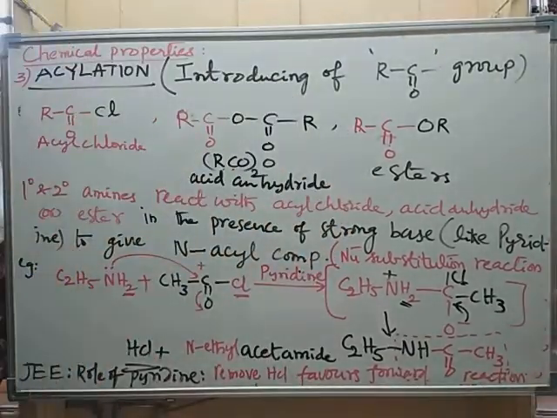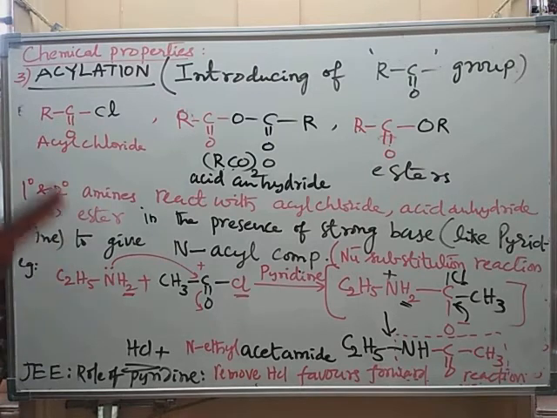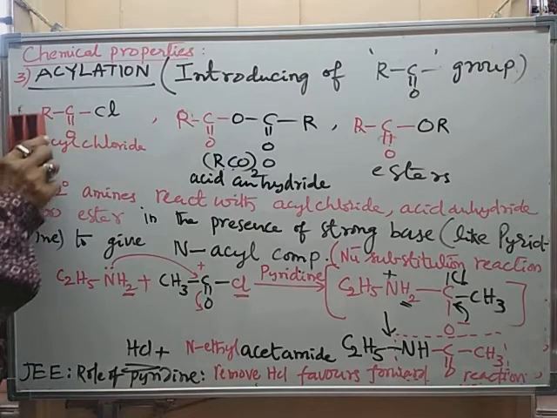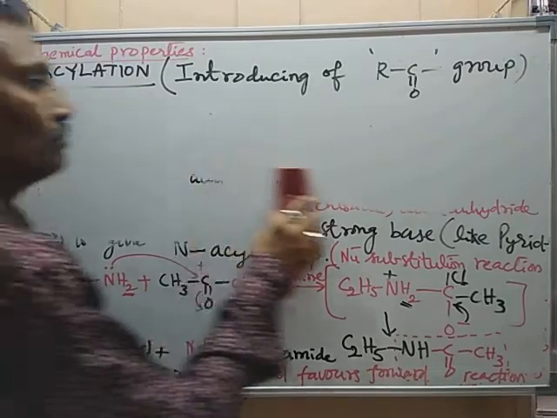Only for the competitive point of view, this is useful. Not only aliphatic amines, aromatic amines also participate. Not only primary amines, secondary amines also participate. We will take other examples which are given in our text.